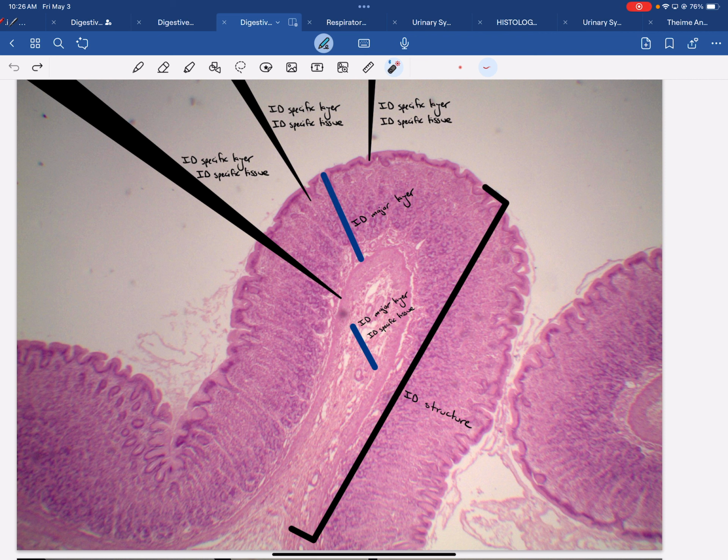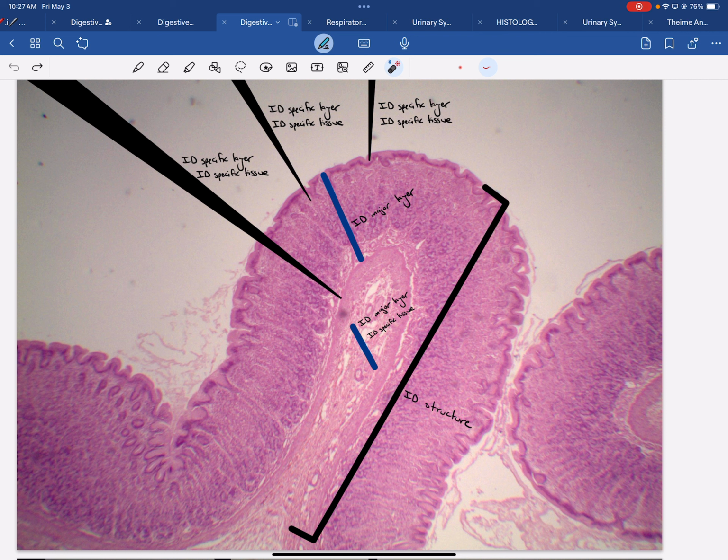The mucosa here? This is the submucosa, because if this is the mucosa, then the epithelial layer, the lamina propria and the muscularis mucosae are all in the mucosa. So this is the submucosa. There's some giant undulation of the submucosa.